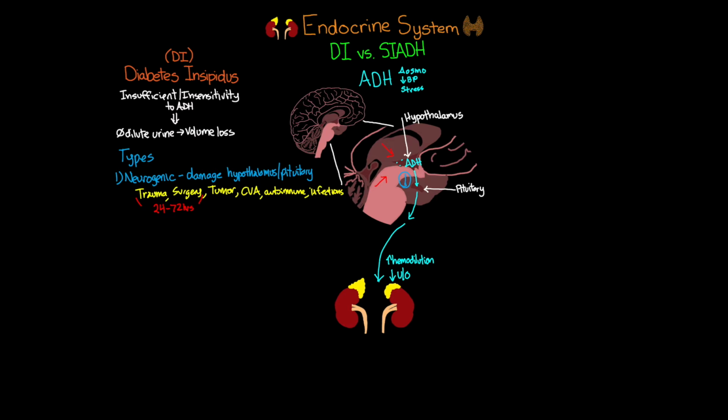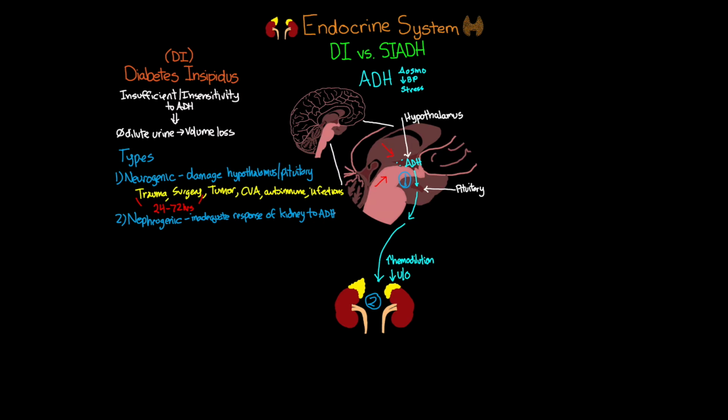All right, the second type of DI is something that we call nephrogenic. And so this is going to be dealing peripherally down here in the kidneys. And this is going to be the result of inadequate response of the kidneys to ADH. And this inadequate response can either be from some sort of structural changes or some sort of functional changes with those receptor sites.